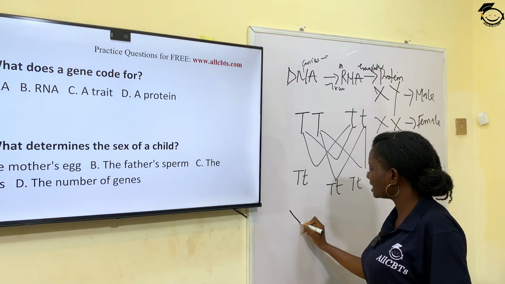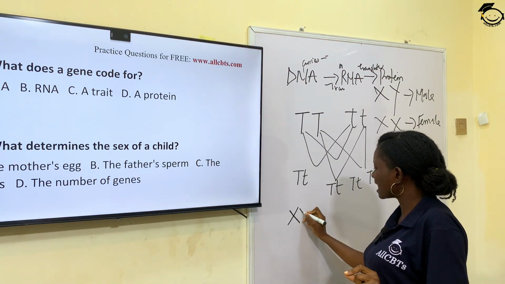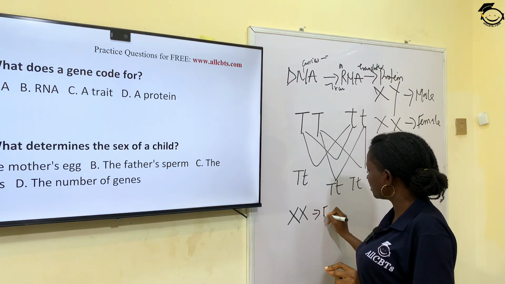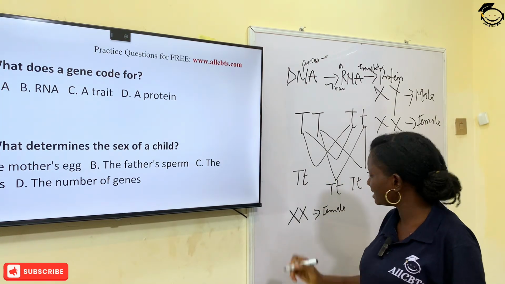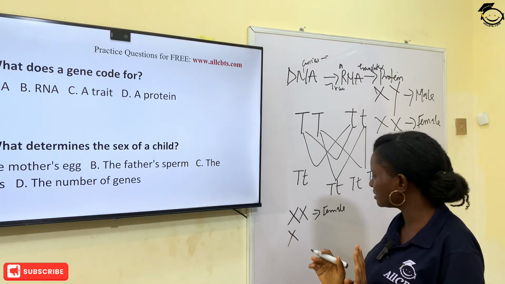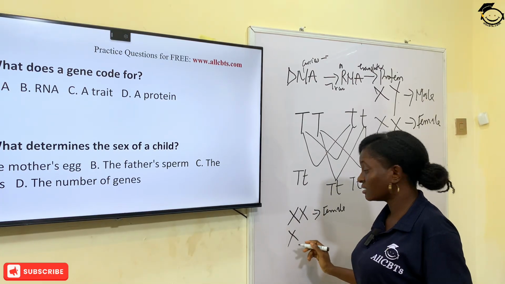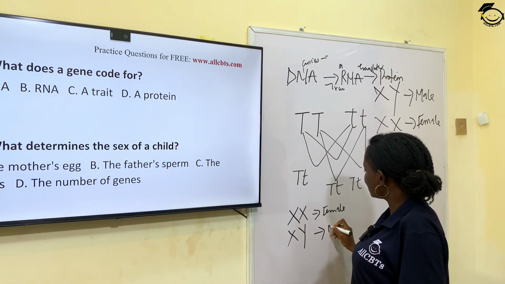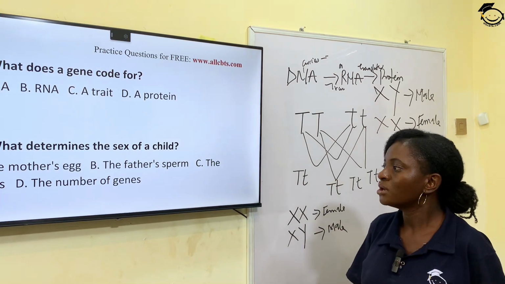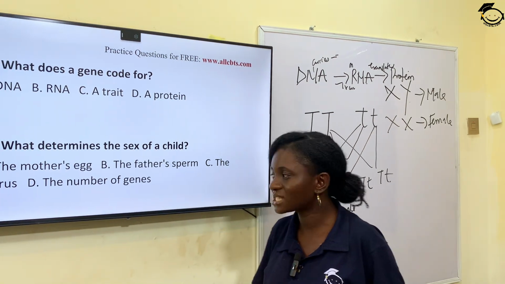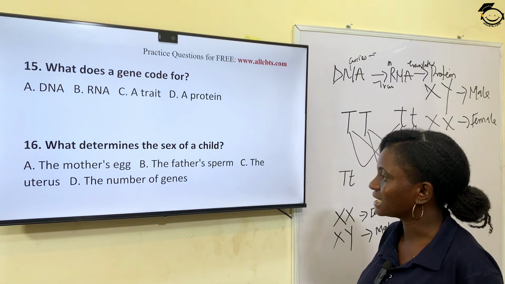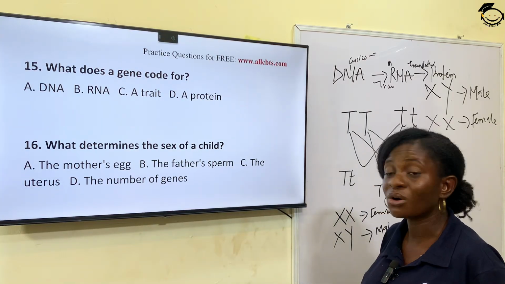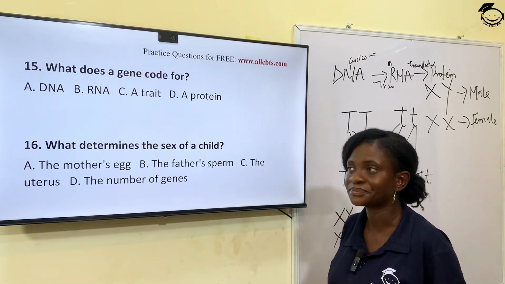If the mother donates an X and the father donates another X, the sex of the child will be female. But since the mother only donates X, if the father's sperm donates Y, that means the sex of the child will be male. So what determines the sex of the child from these options? You can see now that B, the father's sperm, is the correct answer.